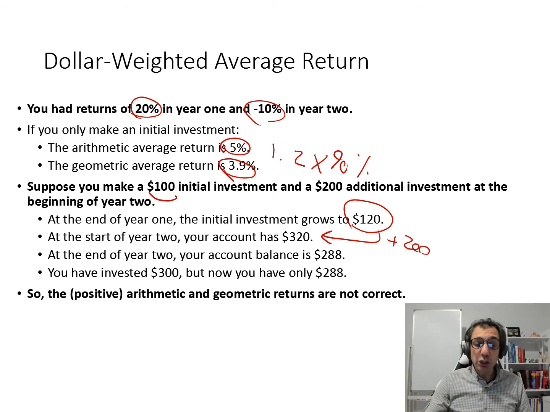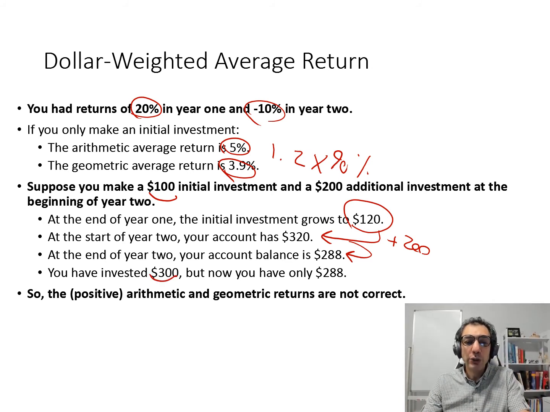At the end of year two, because you are losing 10%, your balance goes down to $288. Why? Because you had $300 at the beginning of year two, and you're losing 10%, so you're losing $32, which means just $288 left. So you started with $300, you ended up with $288.